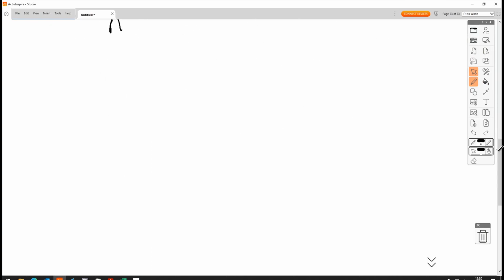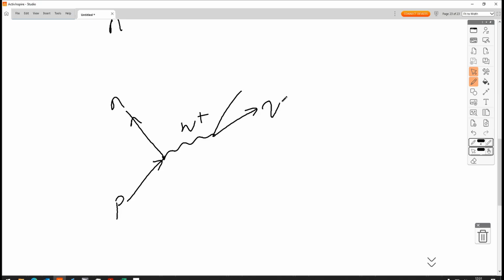Next I'll do beta plus. So beta plus, we've got proton, turns into a neutron. Then the W plus, it loses positive charge, so W plus this time. Now we've got an electron type neutrino, not antineutrino, and a beta plus.